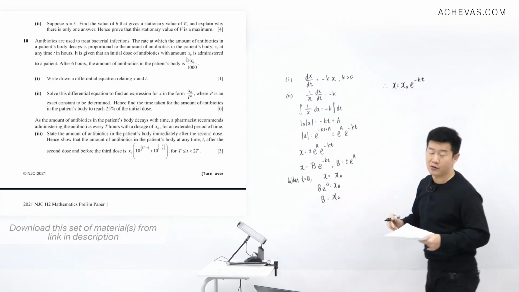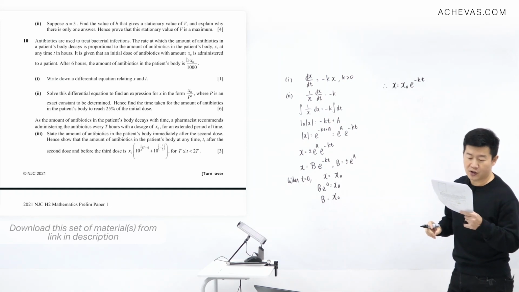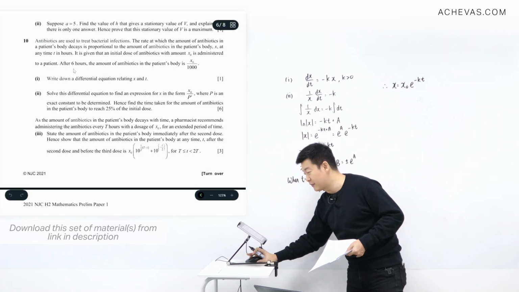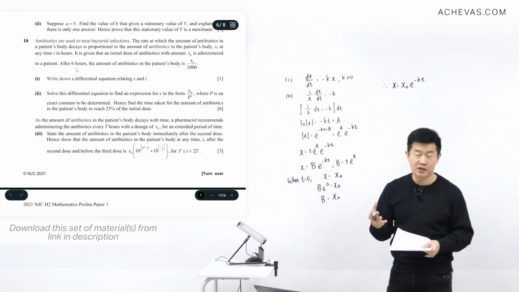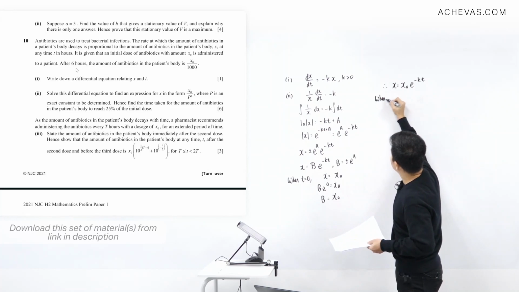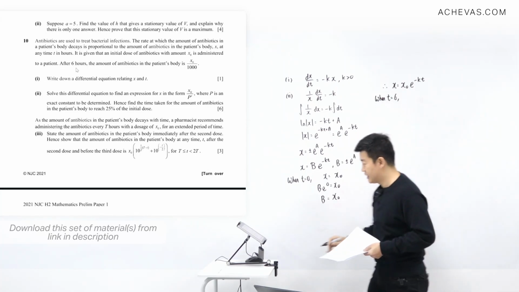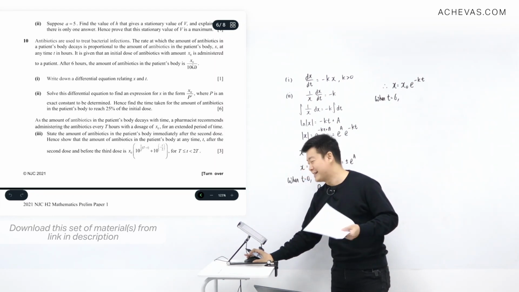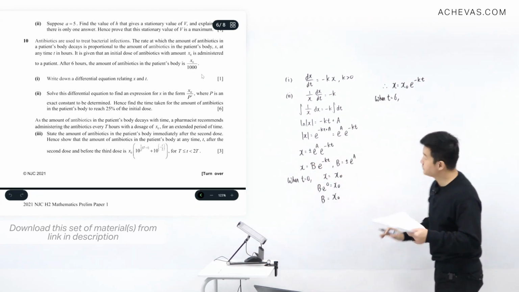We still need to solve for k, and to solve for k, we are going to make use of this other information here. After 6 hours, t is in hours, so that is when t is equal to 6. So when t is equal to 6, after 6 hours, the amount of antibiotics in the patient's body is, again, x naught over 1000.